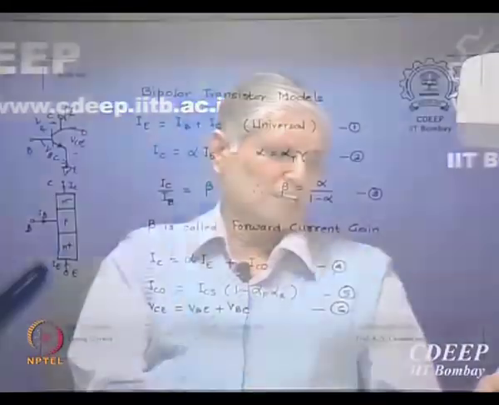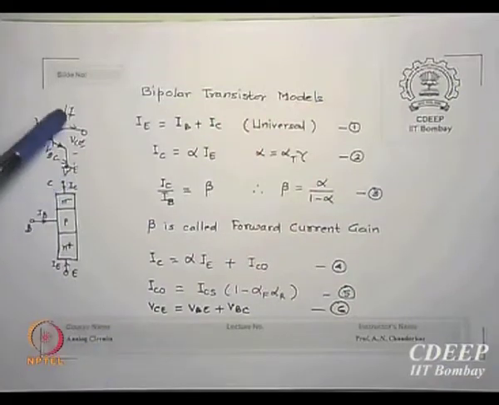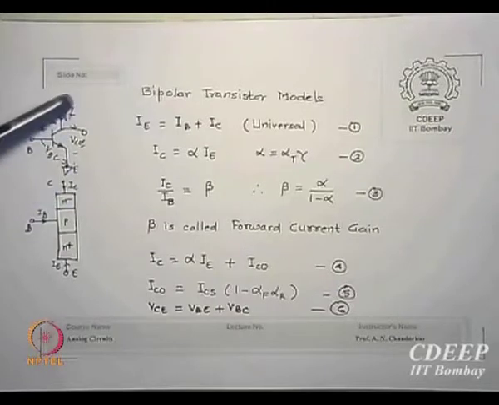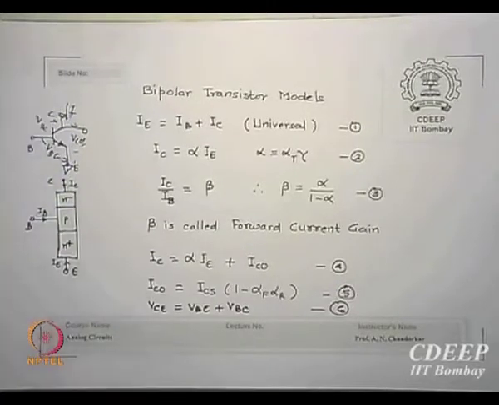We also said the other day that the collector emitter voltage, from one node, collector, to emitter, is always fixed, because at one node there cannot be two voltages. So if you go through this loop or that loop, VBE plus VBC must be equal to VC at any cost.